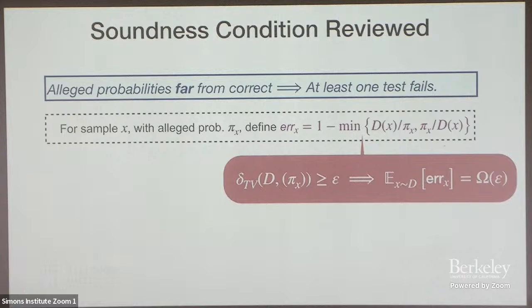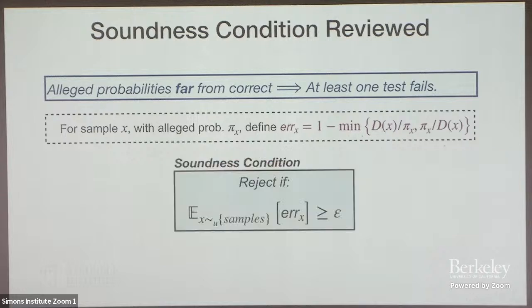In other words, this is what we try to achieve, right? We want that if the prover tries to convince us that the values of probabilities of distribution D are actually far from their true value, in the sense that it tries to make us think that D is another distribution that's far from D, then the average error would be high.